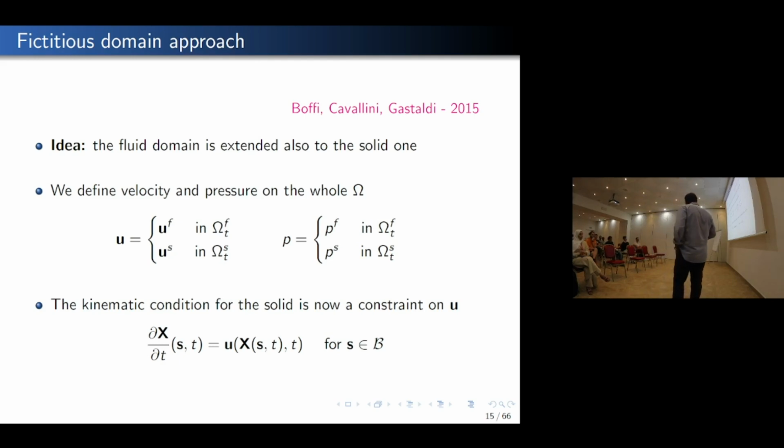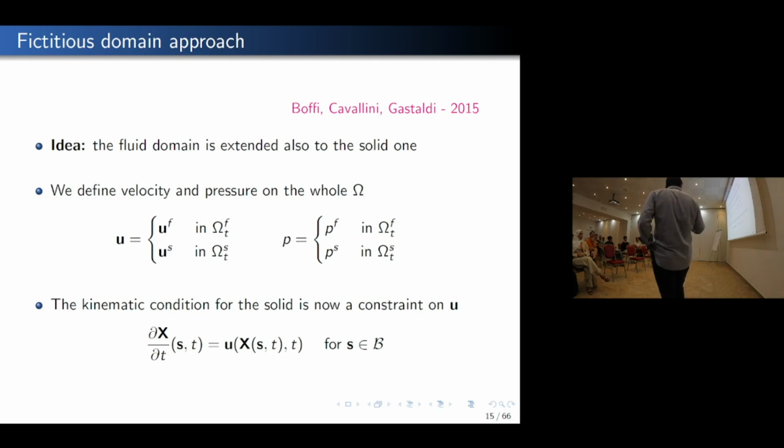Basically, the idea is to extend the fluid domain also in the part that is occupied by the solid. So this means that we define the velocity and the pressure, u and p, in the whole omega. So u is equal to uf in omega Tf, and us in omega Ts, and the same for the pressure p.